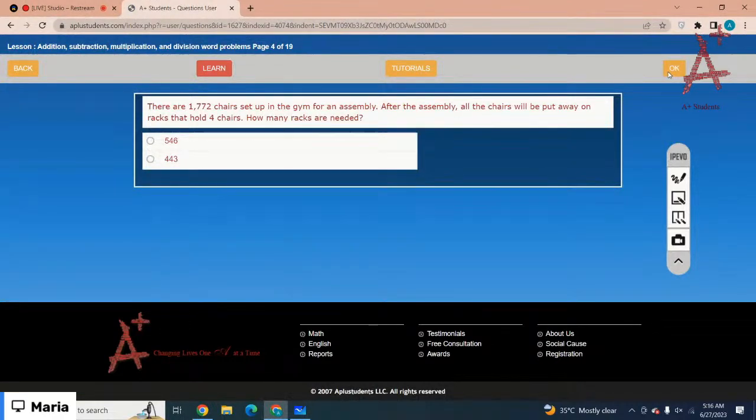There are 1772 chairs set up in the gym for an assembly. After the assembly, all the chairs will be put away on racks that hold 4 folding chairs each. How many racks are needed?